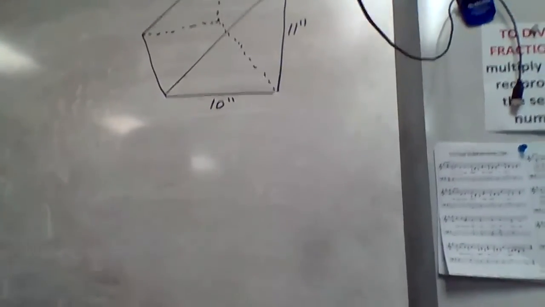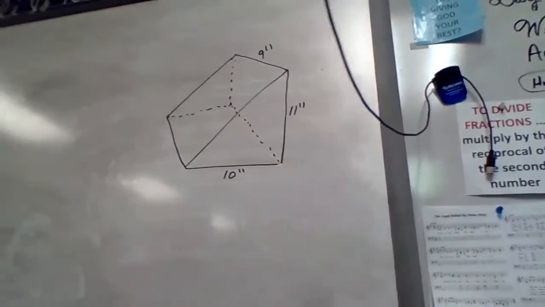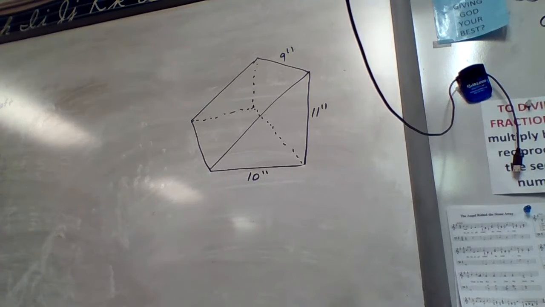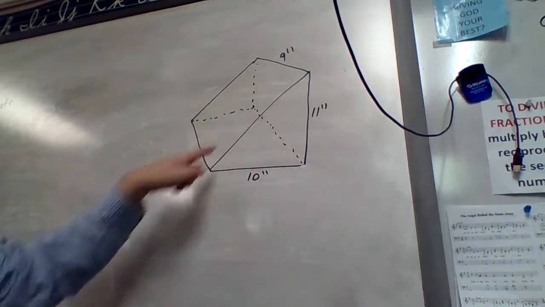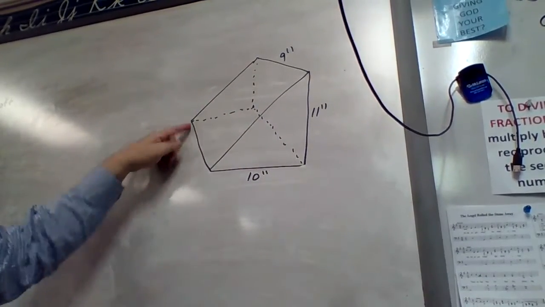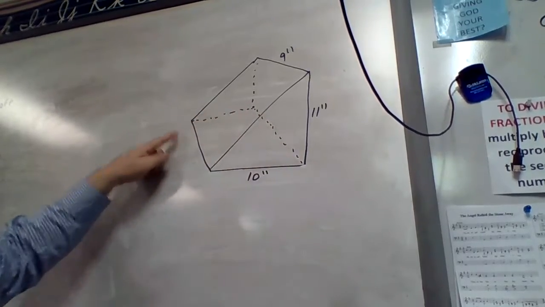Let's move on to the next problem. What do we do with this puppy, this triangular prism? Well, it's the same problem, except we don't have 6 faces anymore, do we? How many faces are there? There's a front triangle. There's a back triangle, right? There's a bottom rectangle right here.